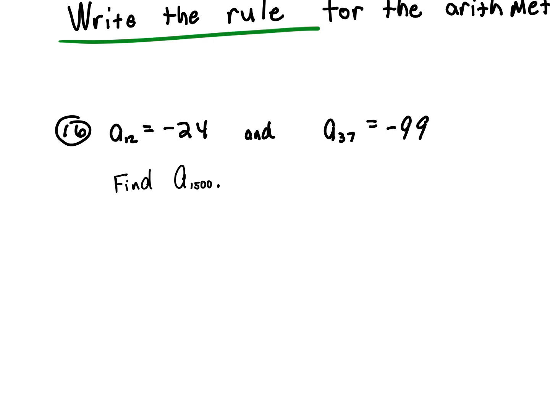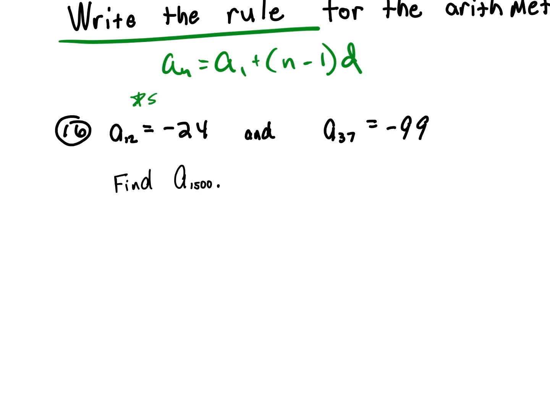It doesn't give us the common difference and it doesn't give us the first term, so we just have to use what we're given. We're going to start with the formula: a sub n is equal to a sub 1 plus n minus 1 times d. Instead of a sub n and a sub 1, we're going to use a sub 37 and a sub 12.